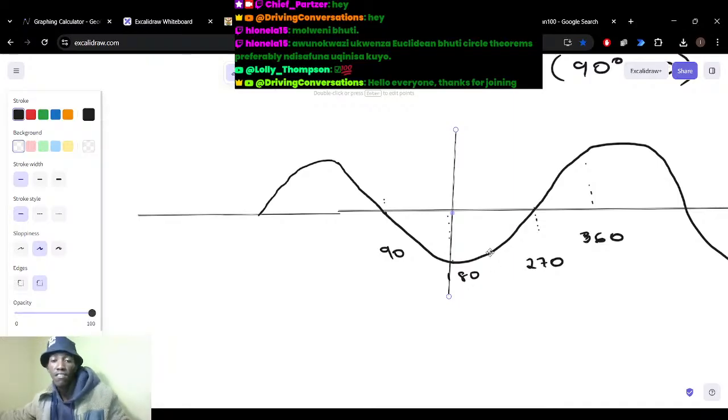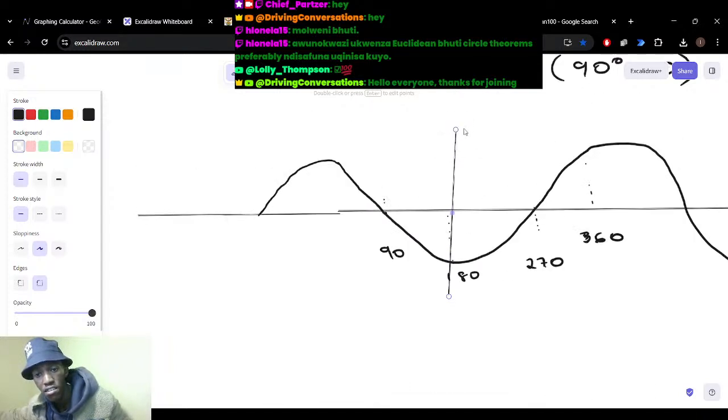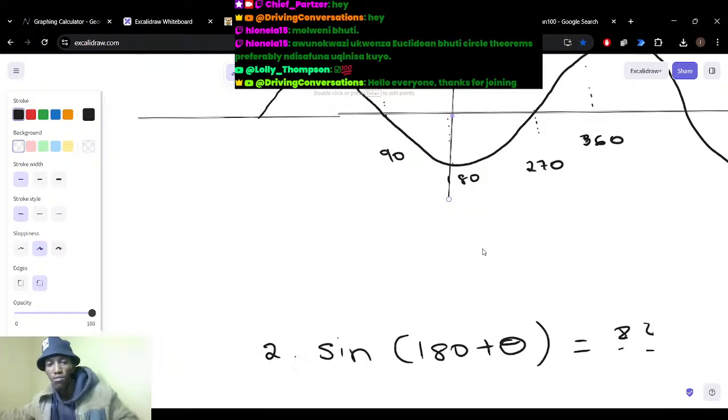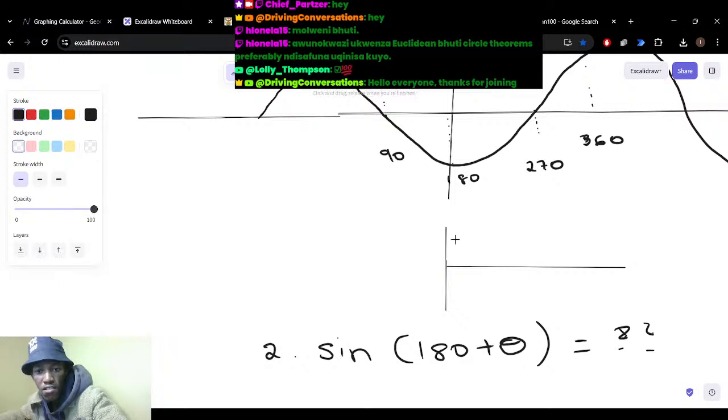So a funny thing happens, right? Let's look. We have shifted the y-axis here. But now look carefully. I'll just redraw a graph of sine theta. You're going to see something very funny happening. I'm going to draw a graph of sine theta.